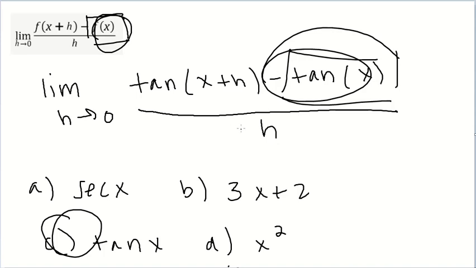So that's a really common question that teachers love to ask, just because you don't have to do anything too tricky with the formal definition of the derivative, but you have to be able to look at it and go, boom, that's the formal definition of the derivative, and I know what each piece means. And I'm able to work backwards a little bit and pick out the function that we're taking the derivative of.